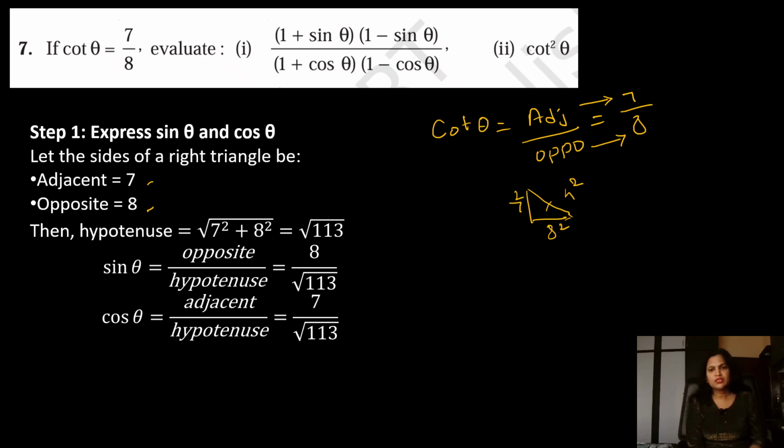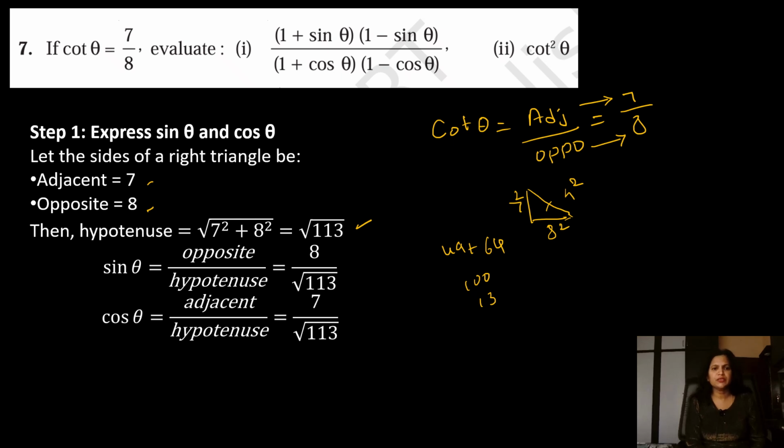That is, hypotenuse is equal to the square root of 7 square plus 8 square. 7 square is 49 plus 8 square is 64. 49 plus 64 is 113. Square root of 113.